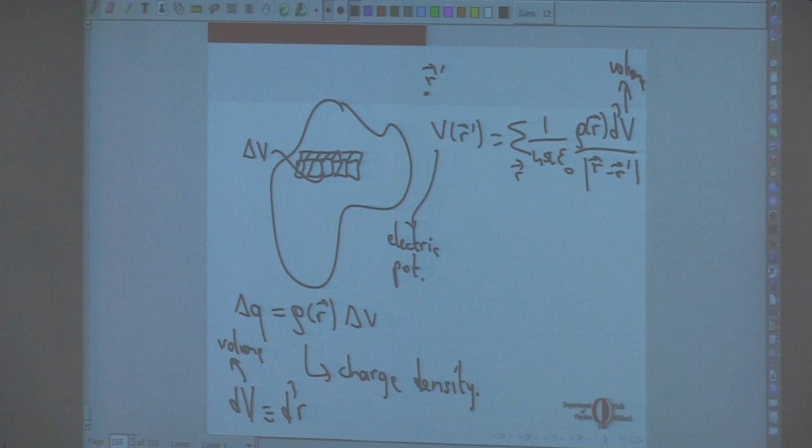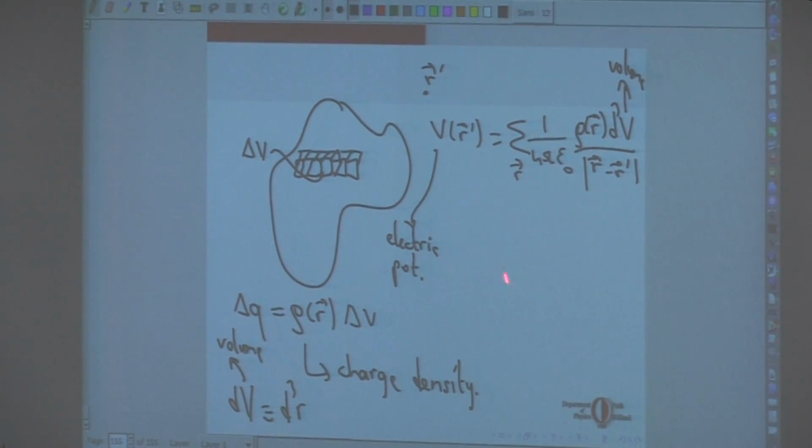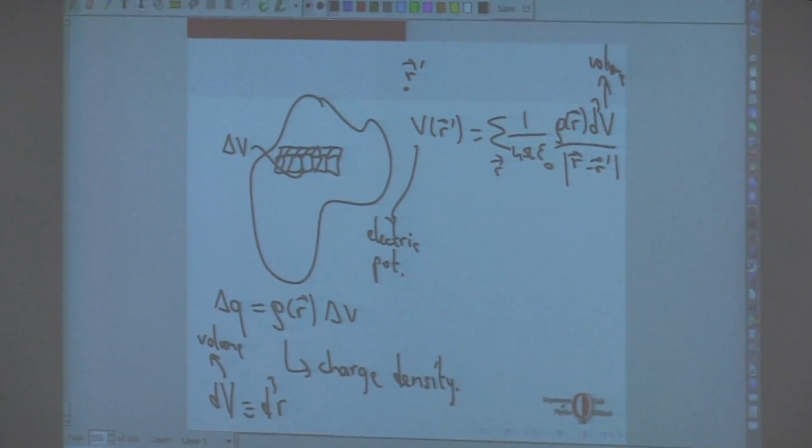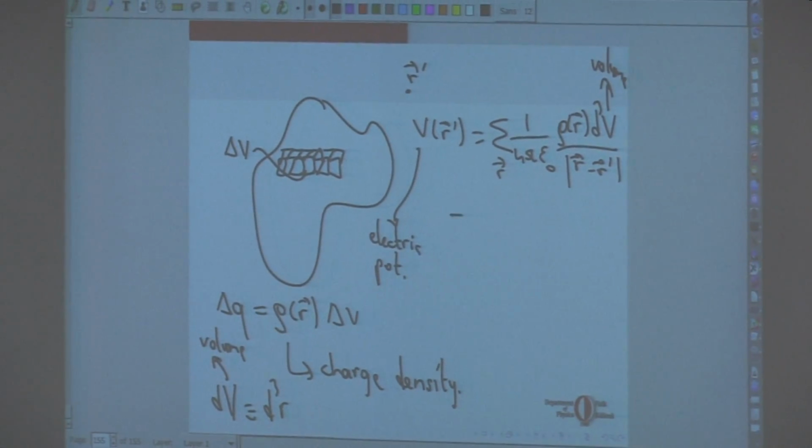And I have to sum over all my point charges, that is each one of these small cubes. Now, eventually, we will be taking the limit that when the volume element goes to 0, I will have infinitely many terms, each one of which is 0. But that is the definition of an integral. This is d cubed r 1 over 4 pi epsilon 0.